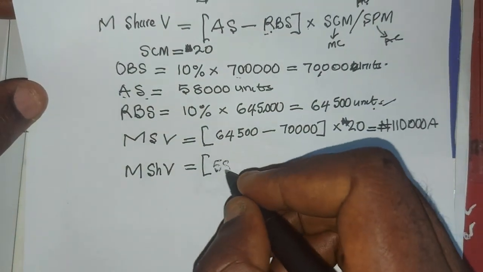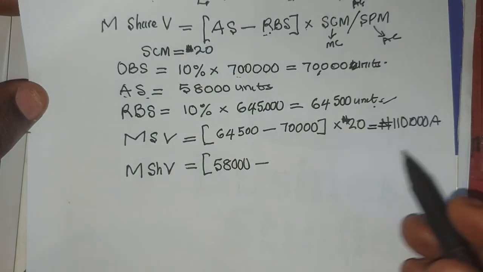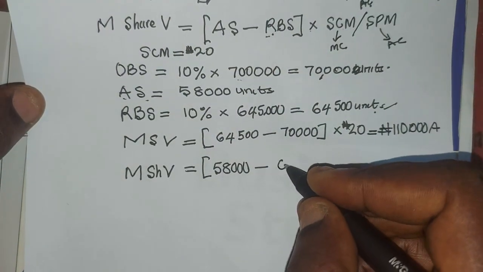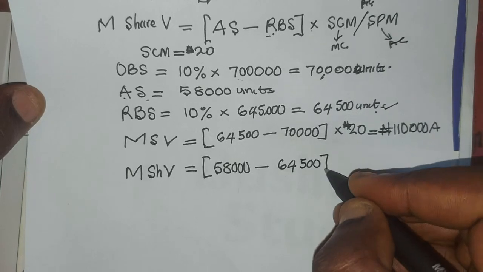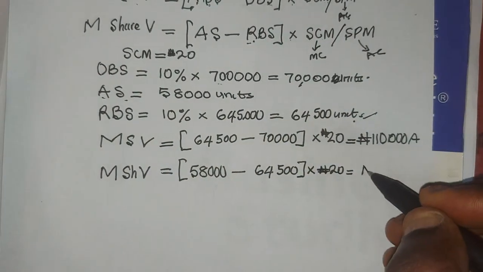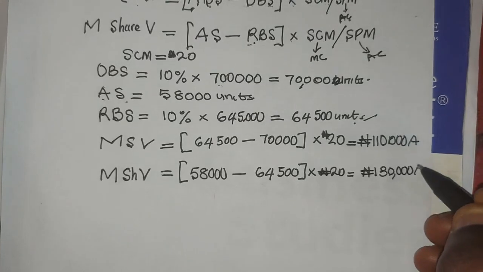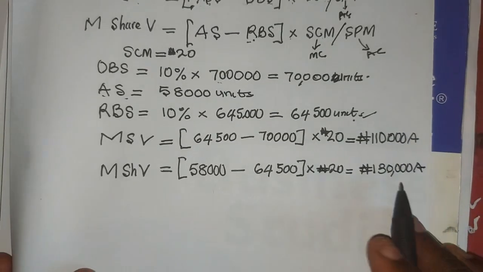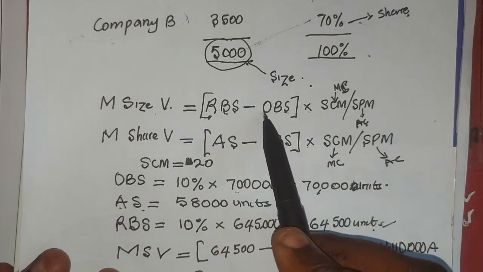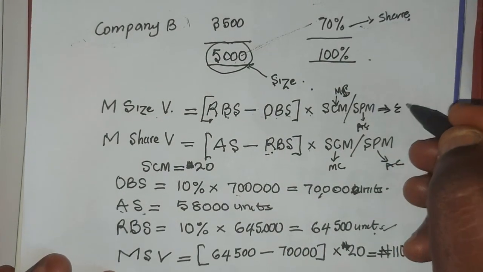That is 58,000 units minus revised budgeted sales, which is 64,500, multiplied by 20 naira, and when you calculate, this gives you 130,000 adverse.